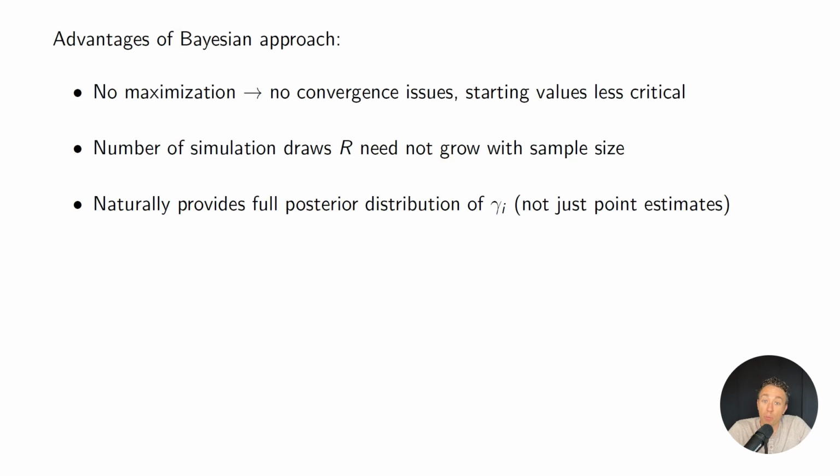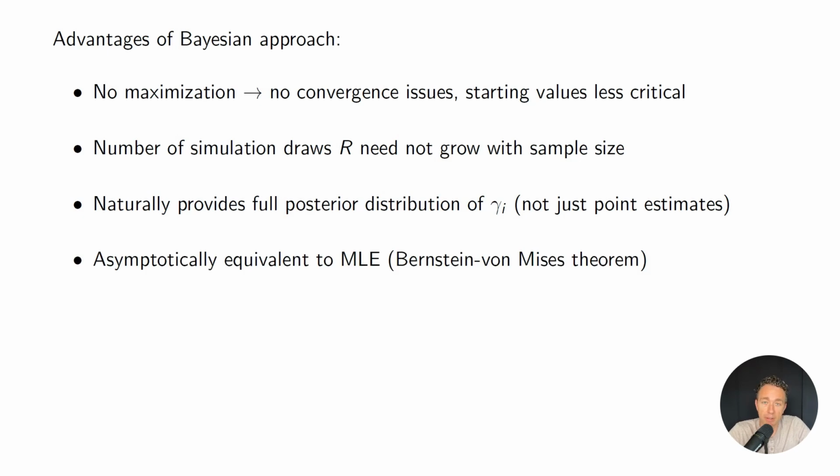We get the full posterior distribution of gamma i, not just the point estimates, which is a benefit. And it's sort of recognizing that these gammas are part of a mixing distribution, so it's going to give us the mixing distribution. And in the limit, this is going to be asymptotically equivalent to maximum likelihood estimation according to this theorem by Bernstein and von Mises.